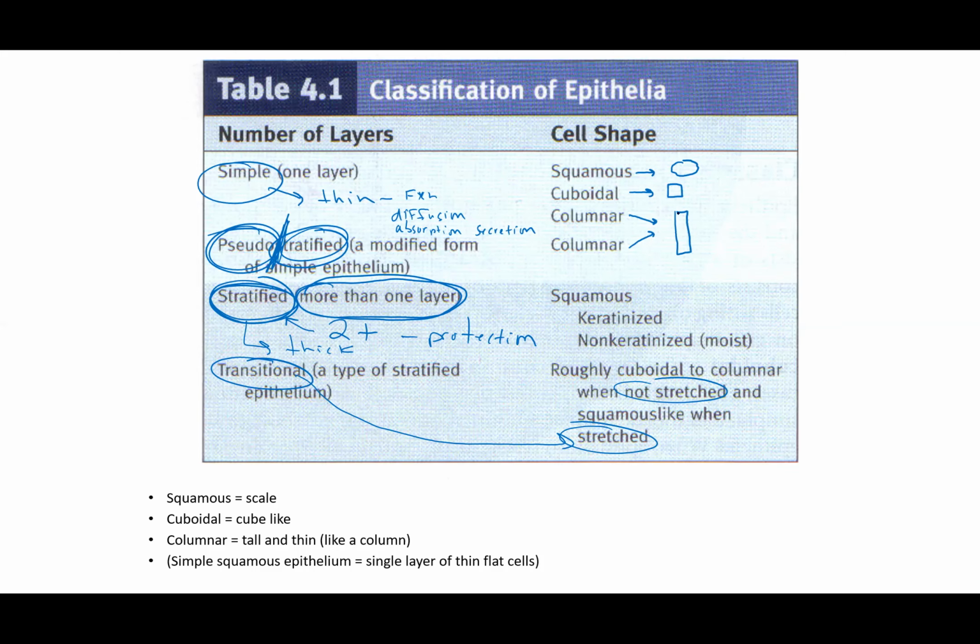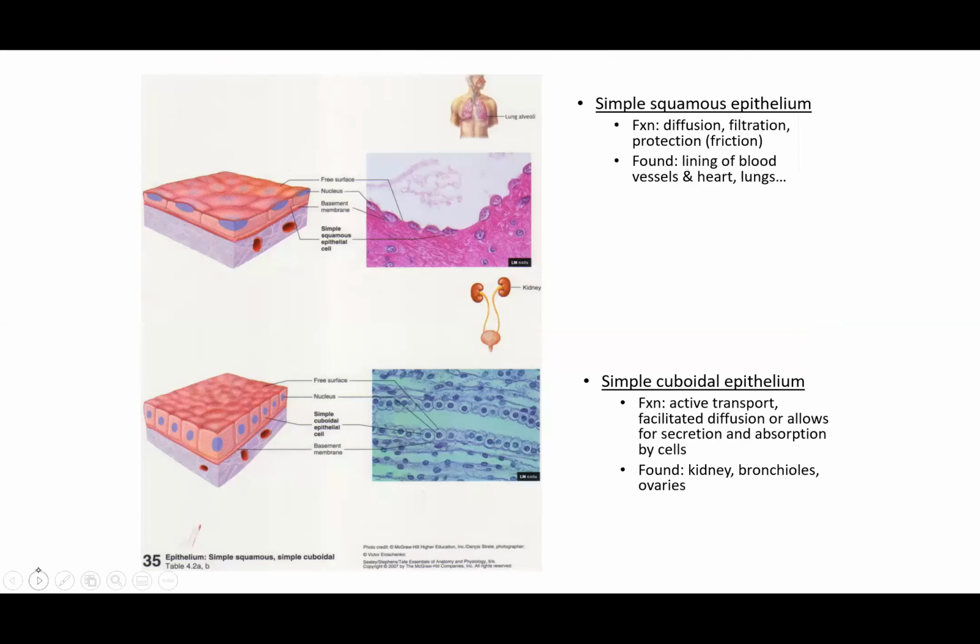Okay. So that's the histology language. All right, so let's dive into some for real examples here. So the first one is simple. This is in no particular order, okay?